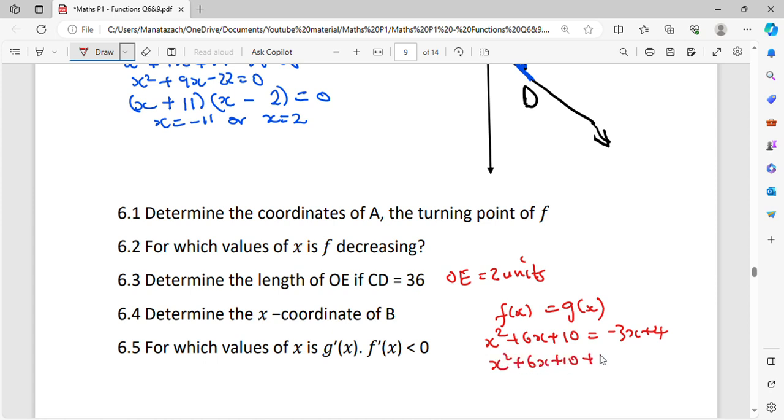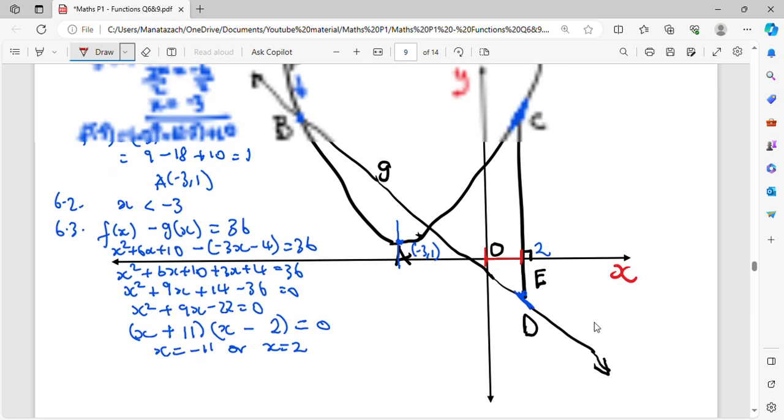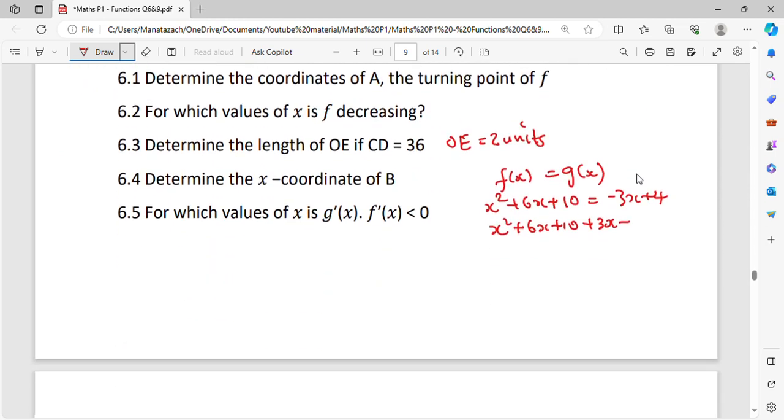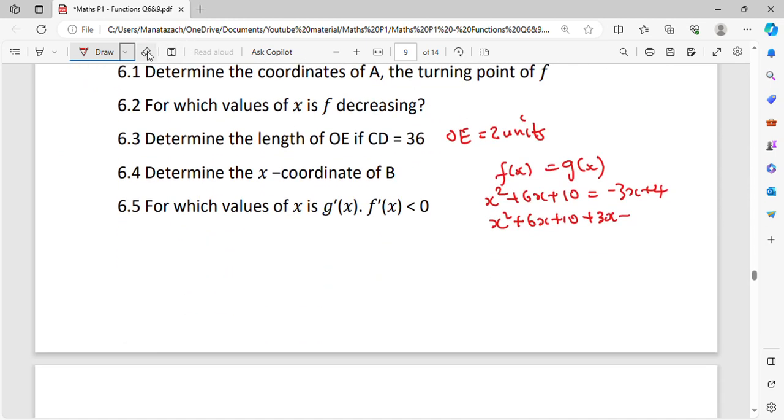So we take the graph g on the left hand side. Okay, so I think here we made a mistake. Graph g is minus 3x minus 4. Okay, I made a mistake here. Let me capture the graph g correctly.